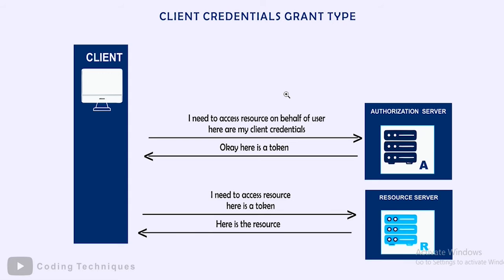Here are my client credentials. He will provide his client credential in exchange for a token. If it is valid, then the authorization server will give the token, and he will provide the token to the resource server. If the token is valid, then he will get access to the resource.